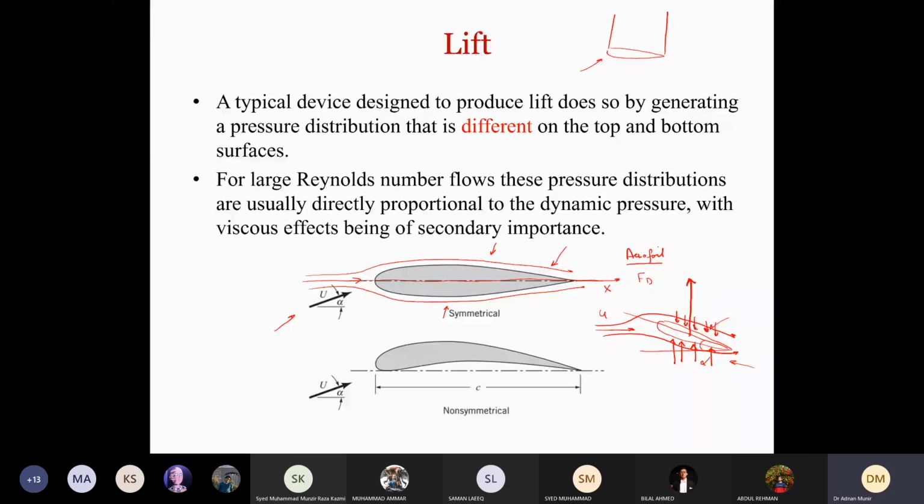Right, so this is the case when we increase the angle of attack. Right, now another thing that adds to the angle of attack is camber.